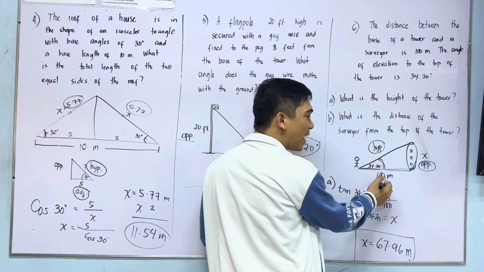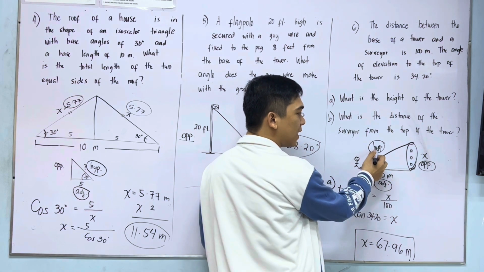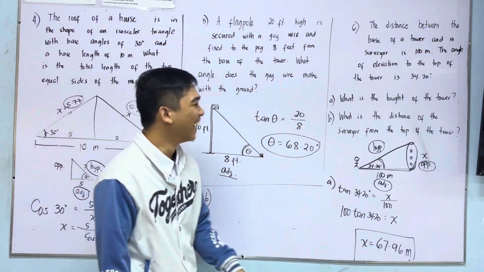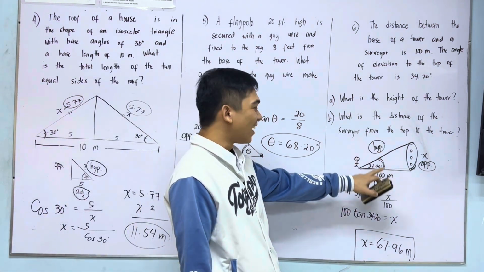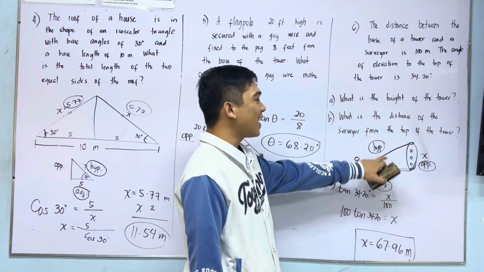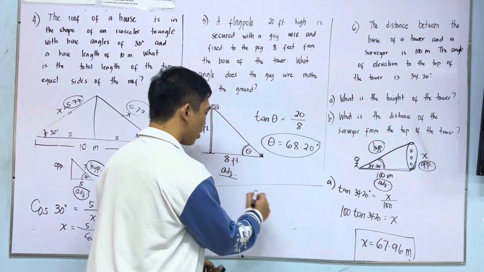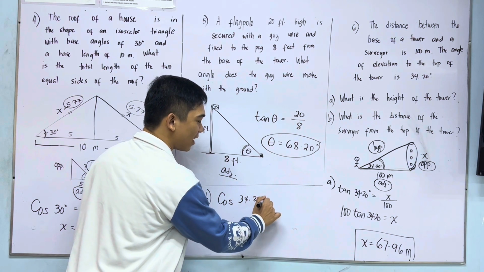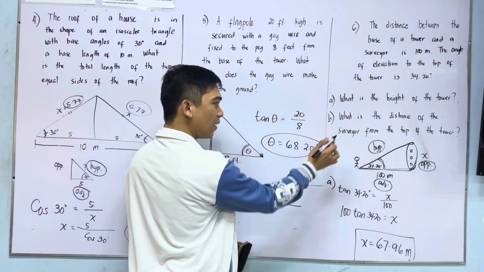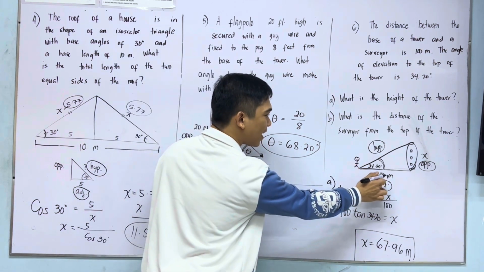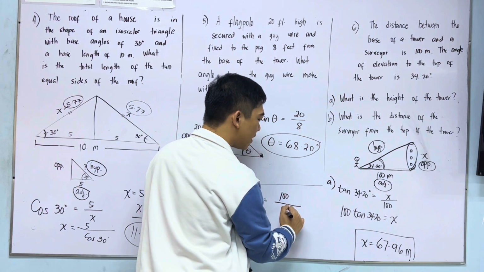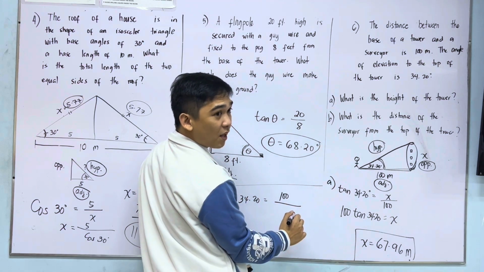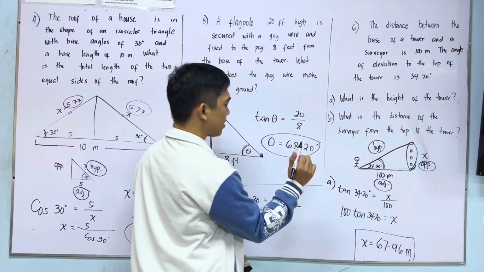So, meron tayong 100 adjacent and hypotenuse. So, adjacent and hypotenuse, what function? Cosine. Cosine 34.20 is equal to adjacent, 100, over hypotenuse. Ibang variable naman, H na lang.